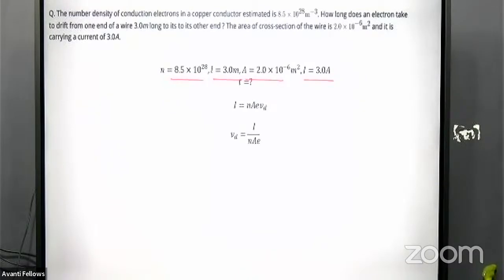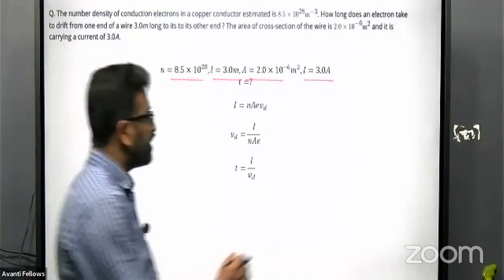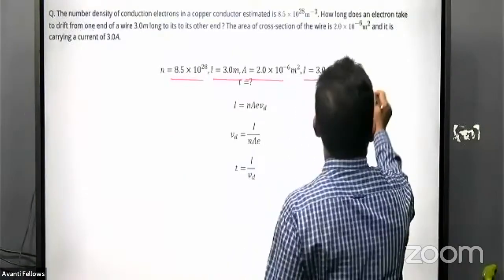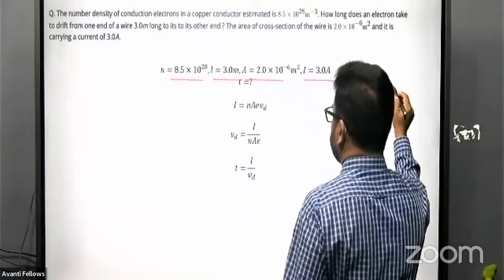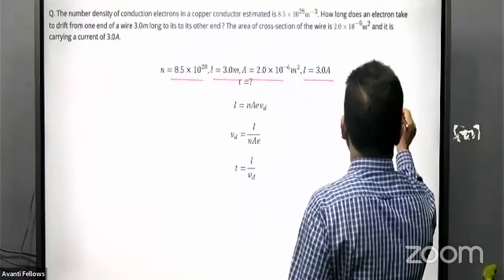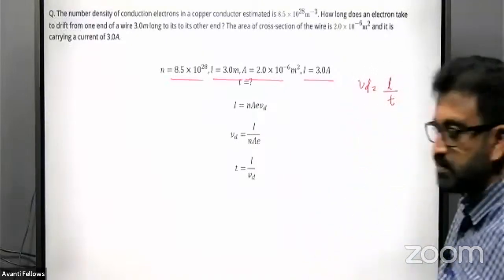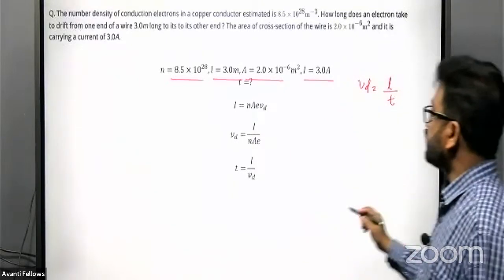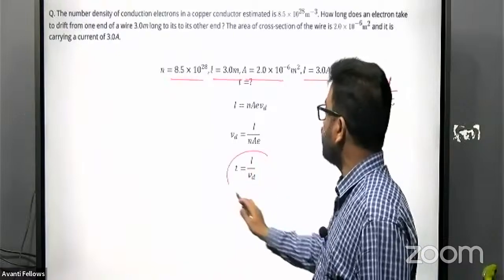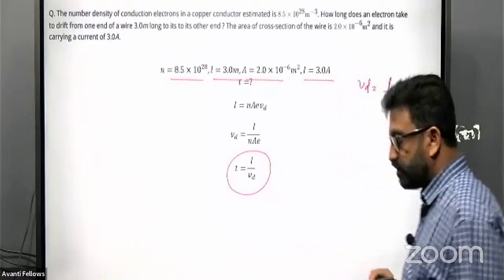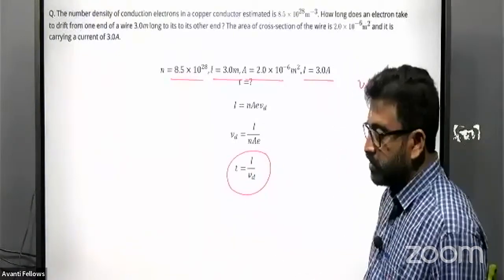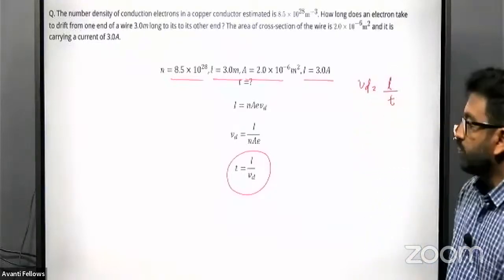Then time, as I told earlier, VD means velocity. So it is L by T, distance by time. The same concept we can apply here also. Time is equal to L by VD.